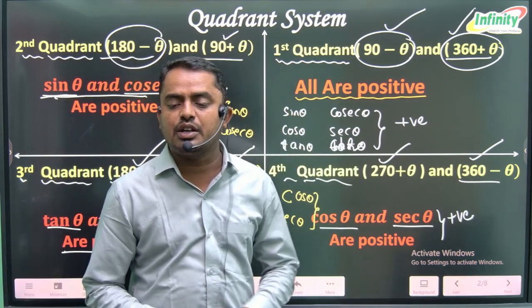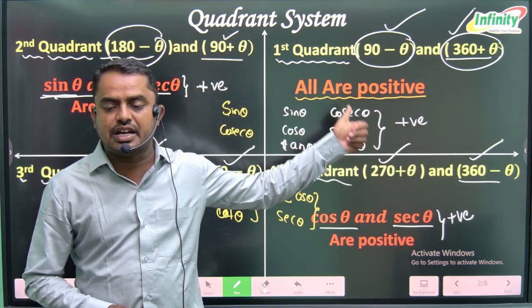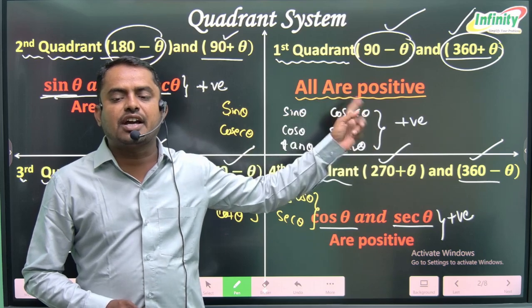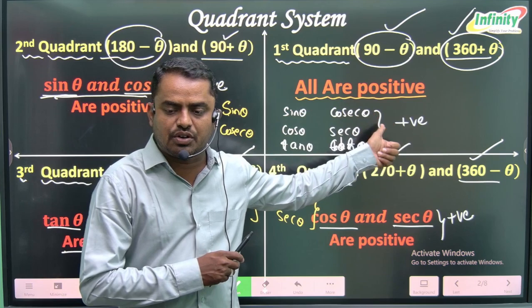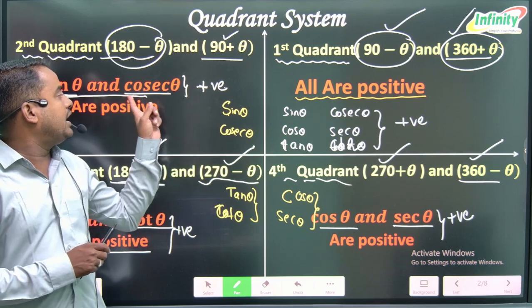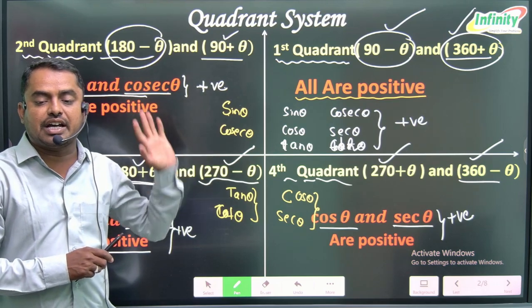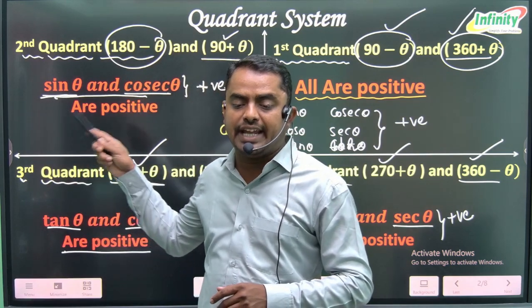So in the first quadrant all trigonometric functions are positive: sin theta, cos theta, tan theta, sec theta, cosec theta and cot theta. Whereas in the second quadrant only sin theta and cosec theta are positive. Second quadrant means 90 plus theta and 180 minus theta.